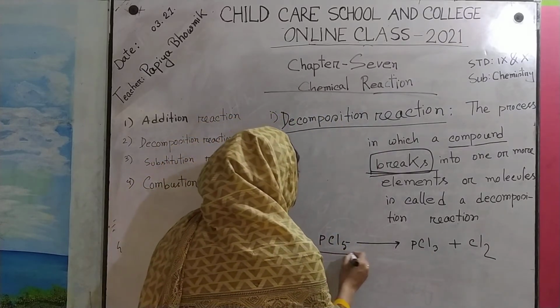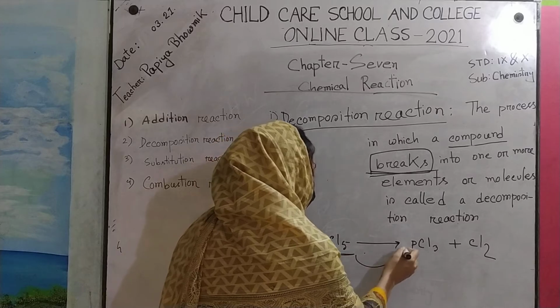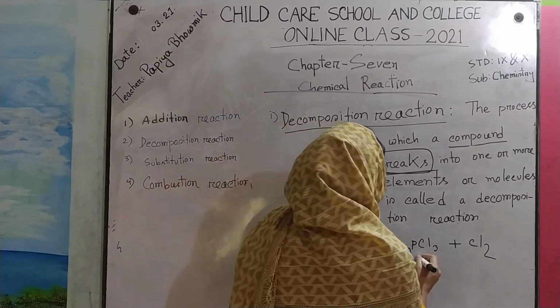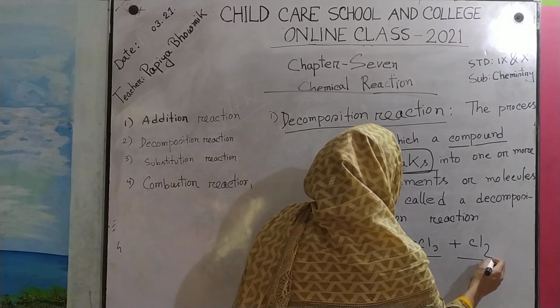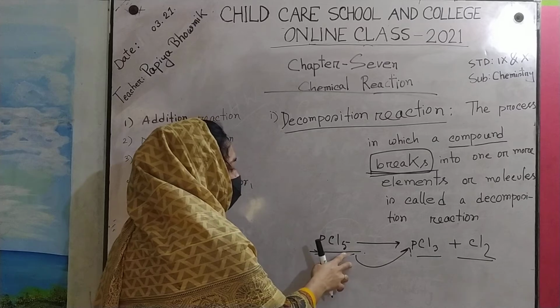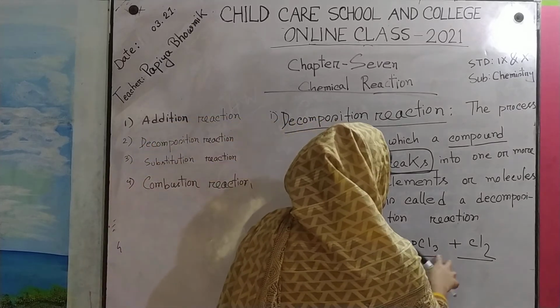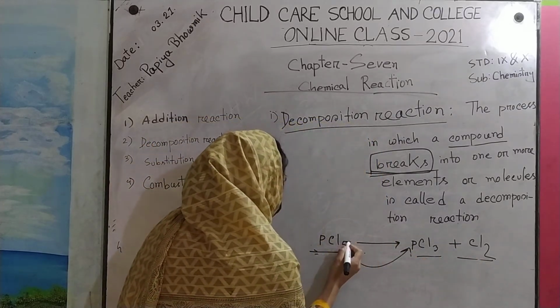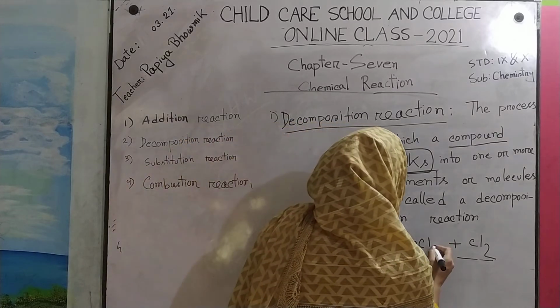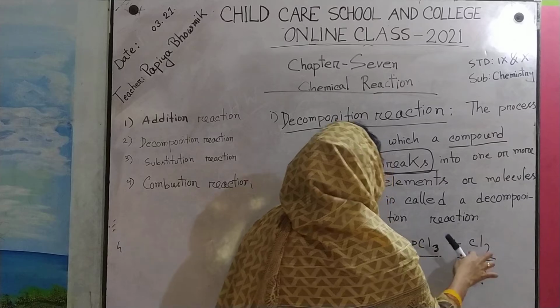The phosphorus pentachloride breaks, so the compound breaks and we get more elements or molecules. That is PCl5, phosphorus pentachloride, breaking into PCl3, phosphorus trichloride, and chlorine.